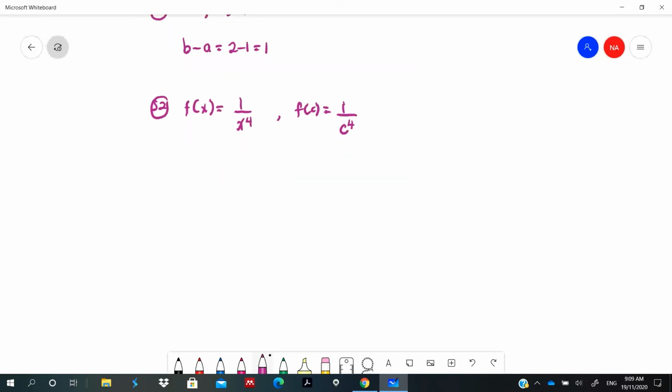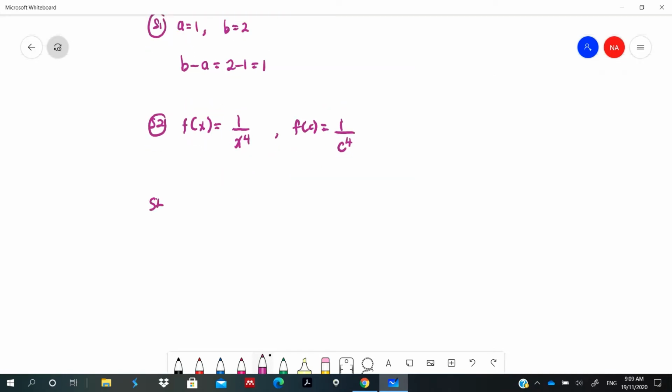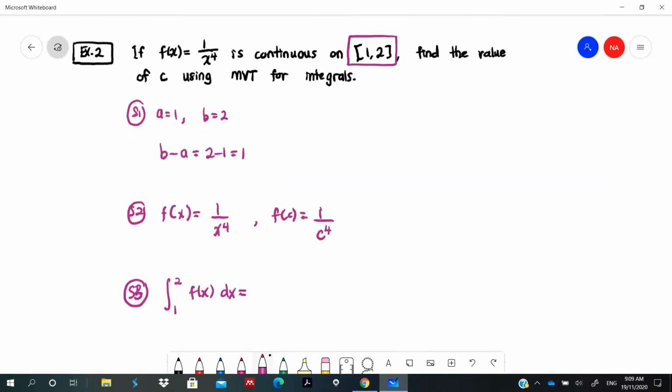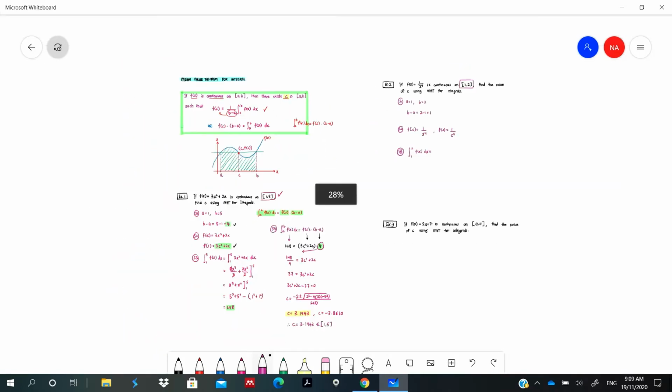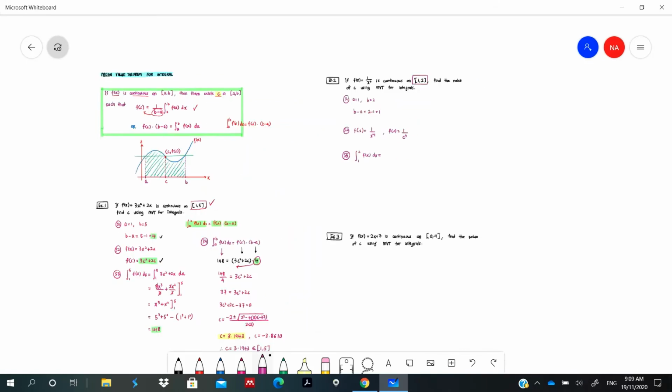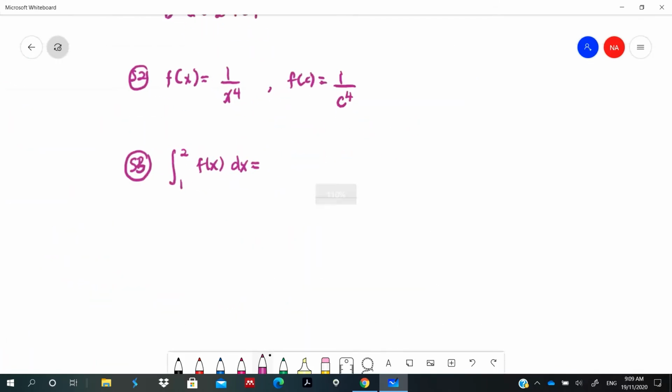We just substitute the variable x with c. So for step number 3, we have to find the value for the integration. In this case, we want to find the integral from 1 to 2 of f(x) dx. The function is given by x to the power of negative 4, so it will be the integration from 1 to 2 of x to the power negative 4 dx.